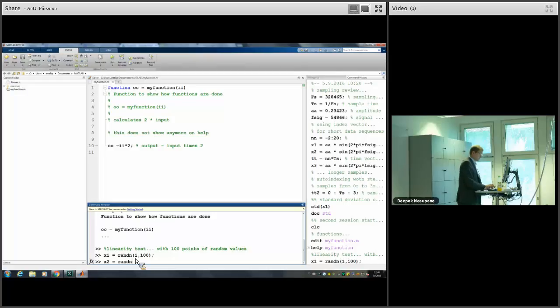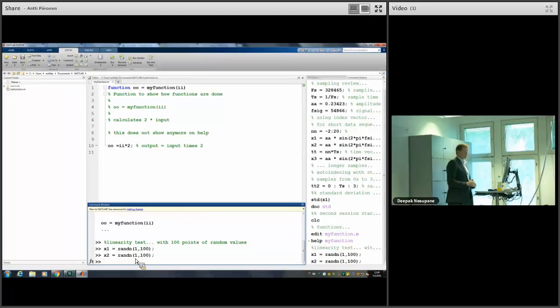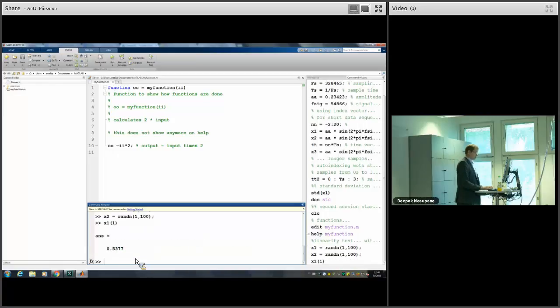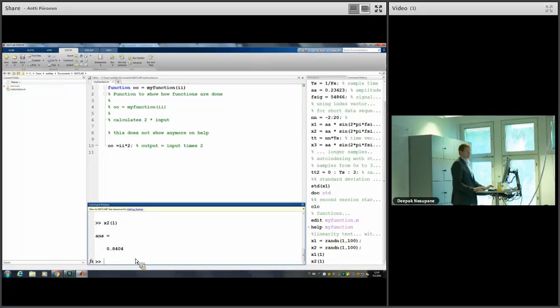The same thing for the x2. So we have 2 input vectors which have different random numbers. Why are they different? Well, because the random function gives always a different value when you call it. Okay, and I can prove it. X1, the first value is that one, and X2 first value is something else.